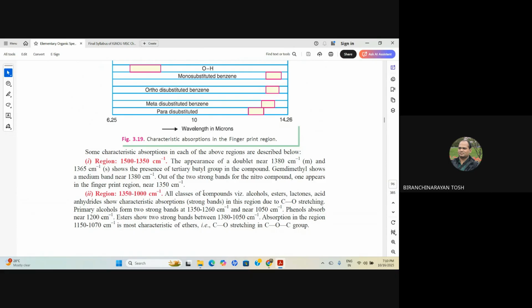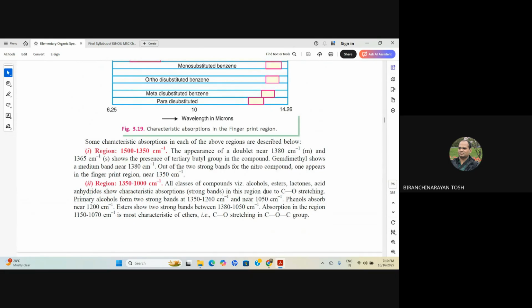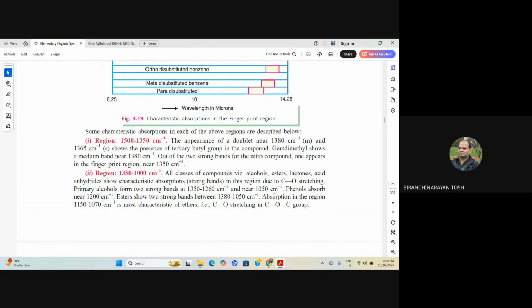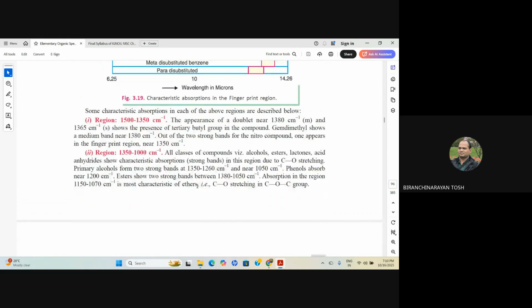Then 1350 to 1000, in that case you have alcohol, ester, lactone, acid anhydride. They show their characteristic absorption bands. Phenol is also observed near 1200. For esters, the carbonyl group will show a peak at 1735.